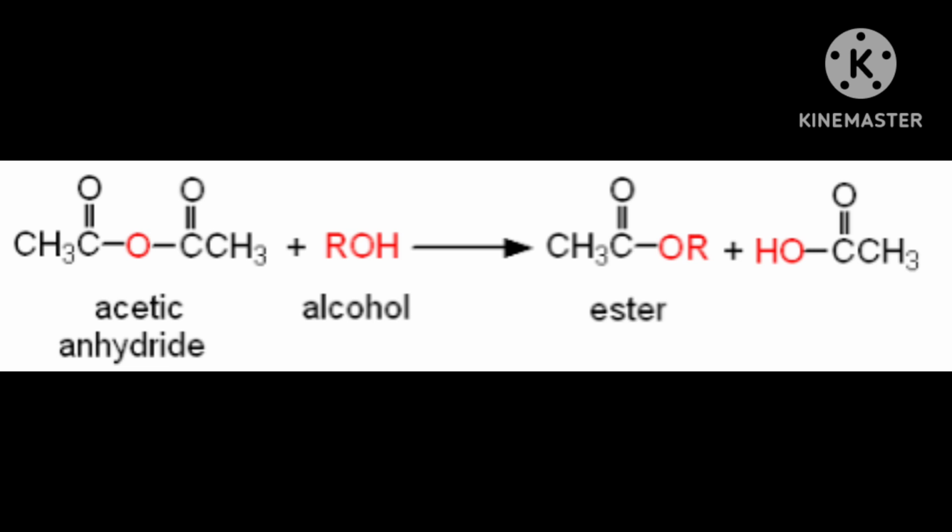Now what happens in this reaction when alcohol or phenol reacts with anhydride? The important point to understand is where the bond will break. Whenever carbon and oxygen are there, the bond between carbon and oxygen is the one that breaks.